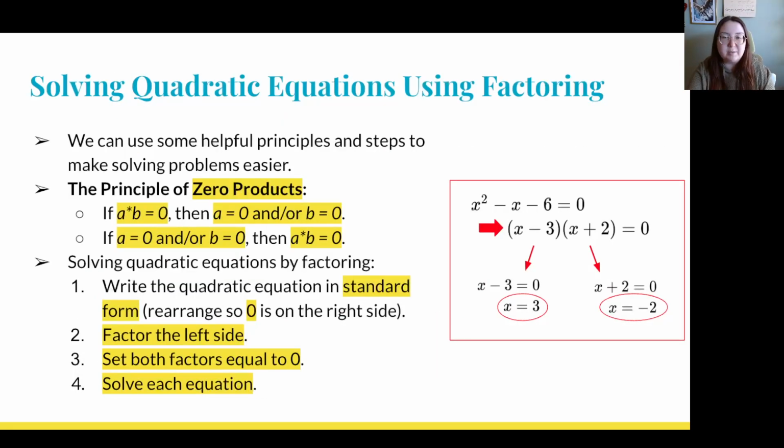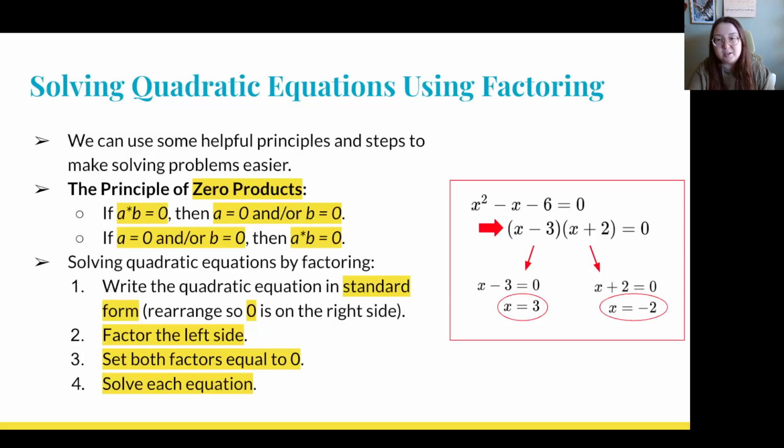So we can use some helpful principles and steps in solving quadratic equations using factoring to make problem solving easier. We can use the principle of zero products. This tells us if a times b equals 0, then a and/or b equals 0. So that means a has to equal 0, or b has to equal 0, or they both have to equal 0.